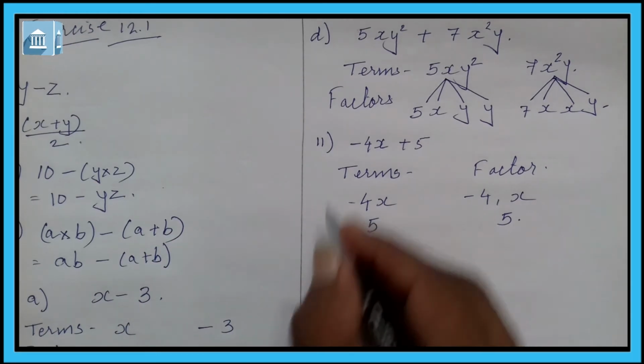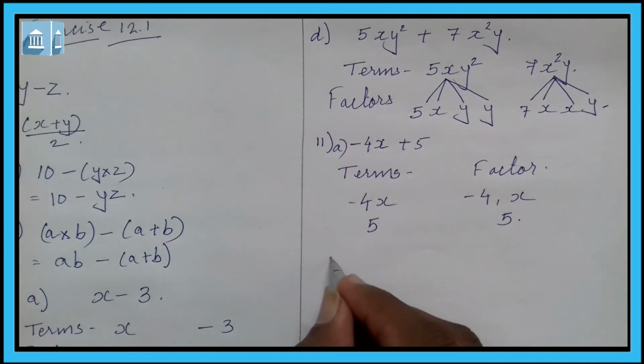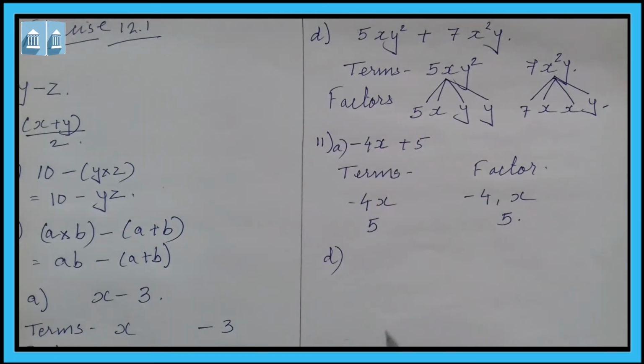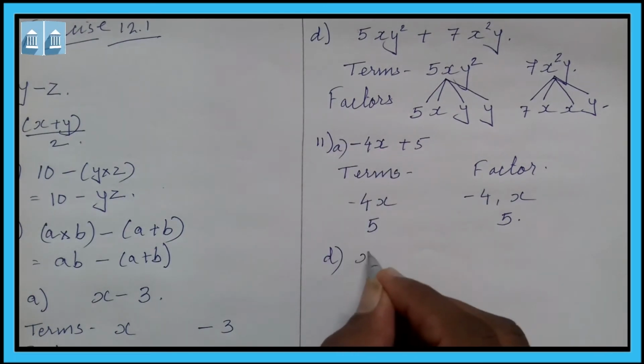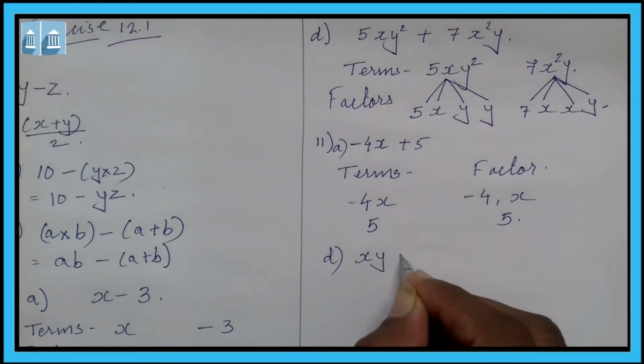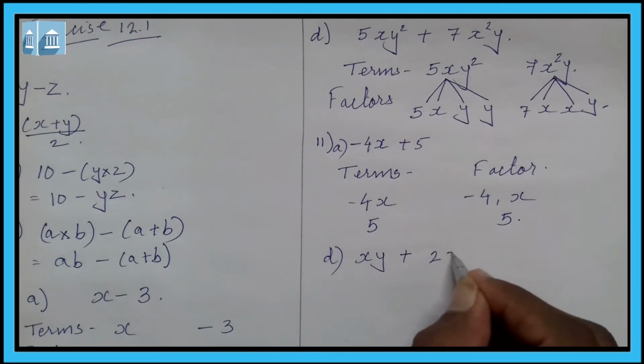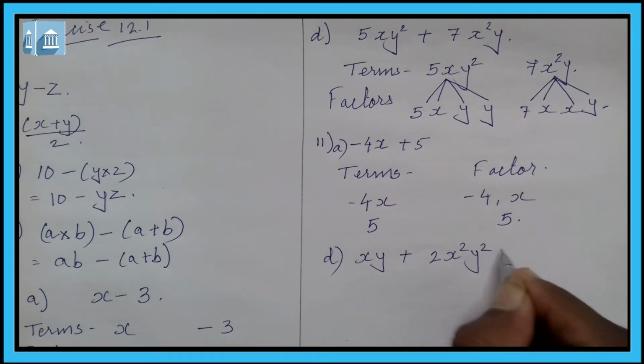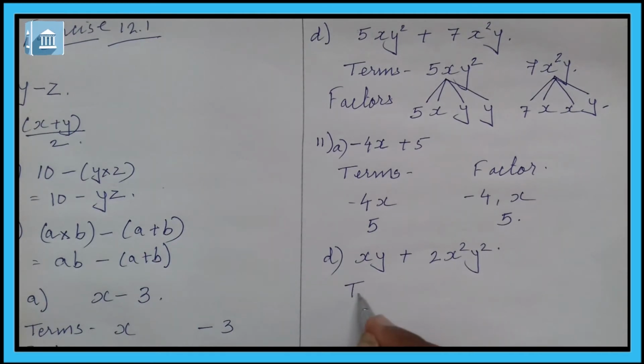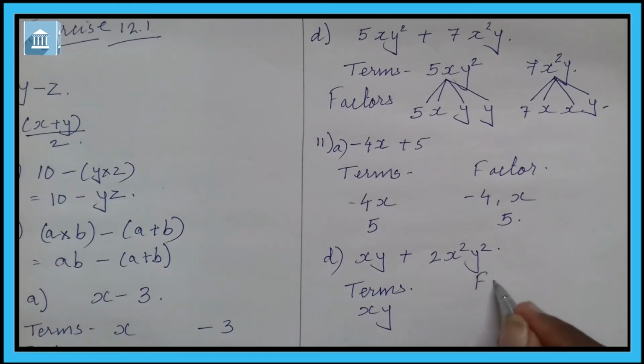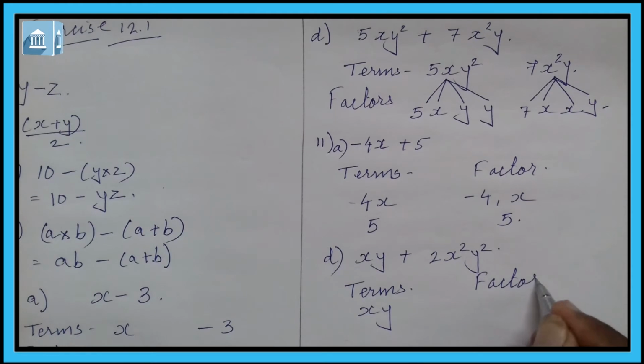Then the D is here, this is the A1. Let us see the D1. D1 says xy plus 2x square y square. First we will find out the terms. The first term is xy, and its factors are x and y.